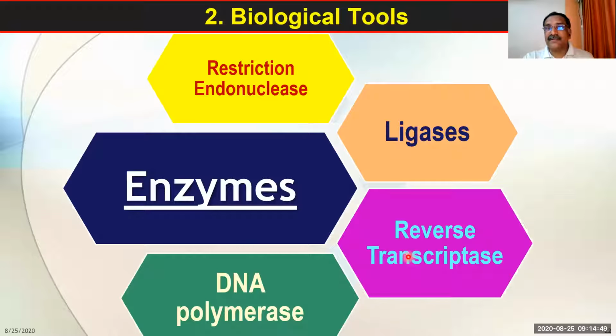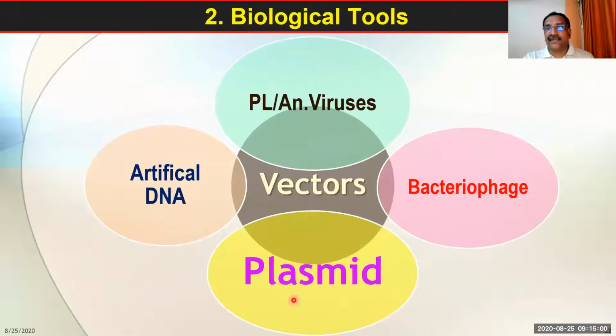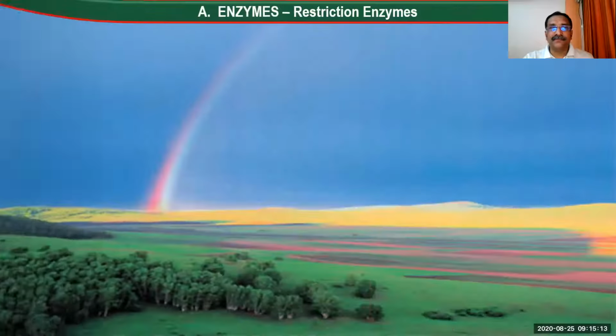Reverse transcriptase enzyme helps in reverse transcription. And then we have seen the DNA polymerase enzyme. After this, we have seen that there are basically four types of vectors: plasmids, bacteriophages, plant or animal viruses, and even artificial DNA.